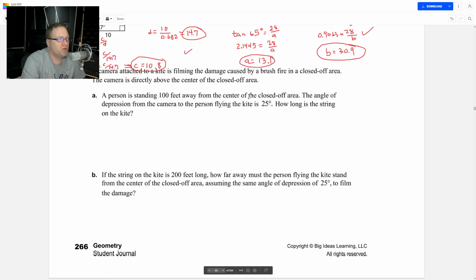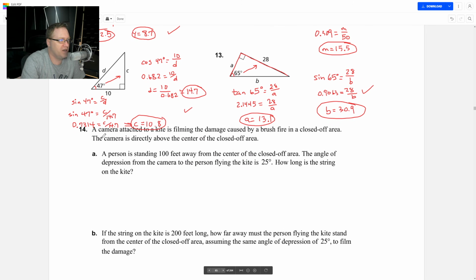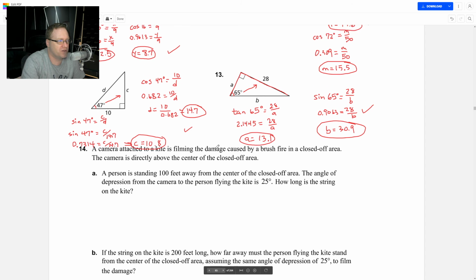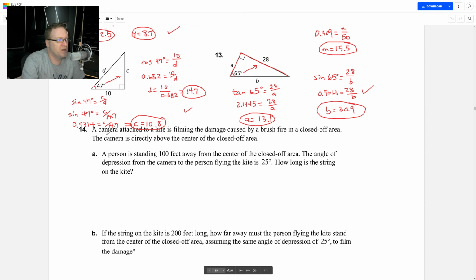So let's move on to our word problems. All right, a camera attached to a kite. We're just going to do the first one because I don't want to spend too much more time. A camera attached to a kite is filming the damage caused by a brush fire in a closed-off area. The camera is directly above the center of the closed-off area.